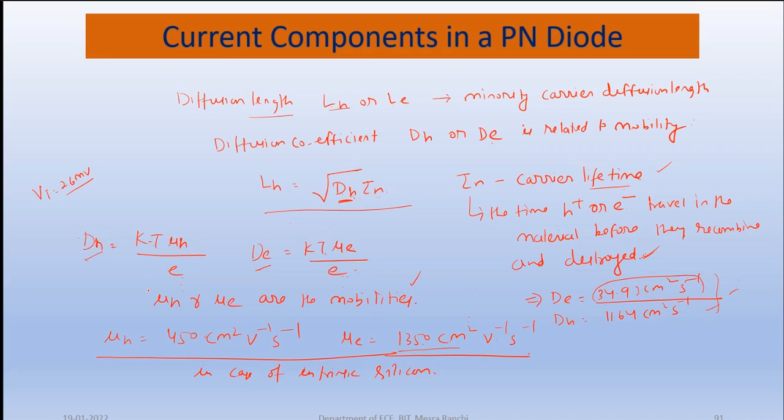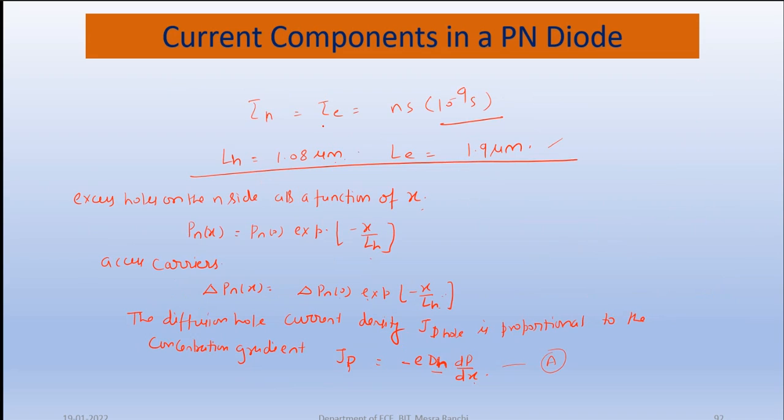So from here, you will get the diffusion coefficient. And if you take this tau, the carrier lifetime, as 1 nanosecond, then you get this diffusion length as 1.08 micrometer for holes and 1.9 micrometer for electrons.